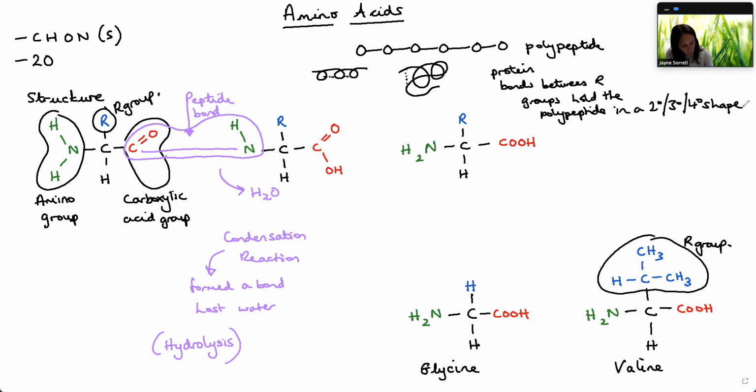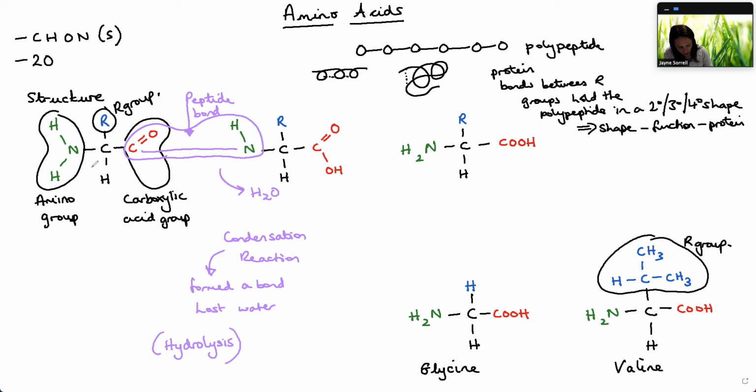And that's what allows it to become a protein, because it gives it a particular shape, and then the shape gives it its function, and with a function it becomes a protein rather than just a polypeptide. So bonds that hold proteins in their shape are between R groups, and that is why it is important.